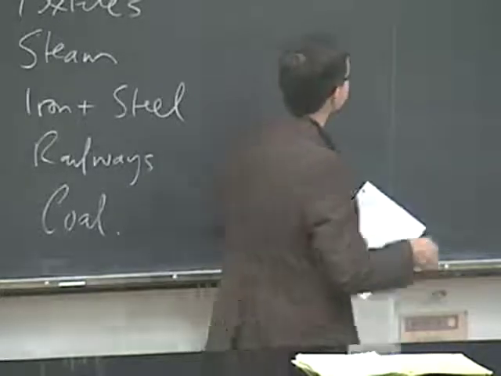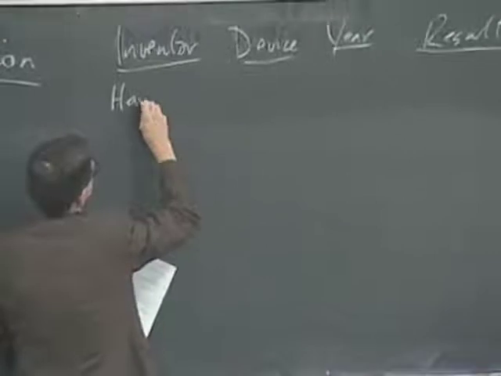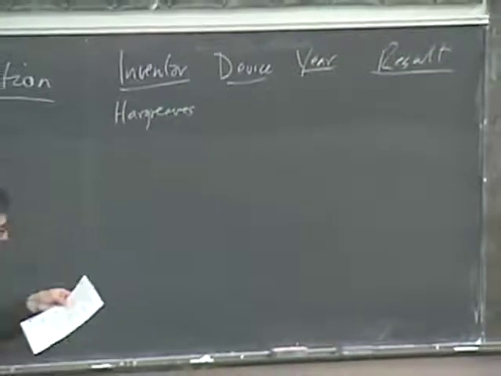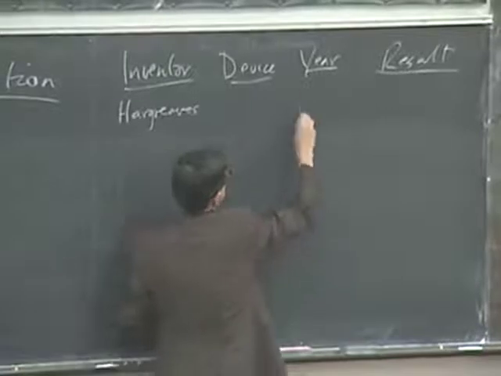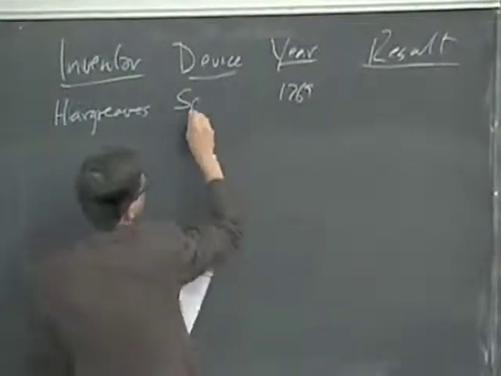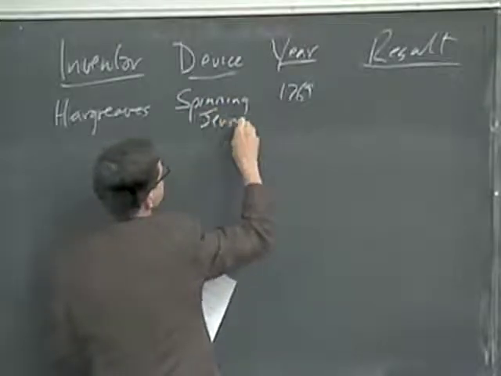The next major inventor in the Industrial Revolution period is a guy called Hargreaves, 1769, and the device is the spinning jenny.